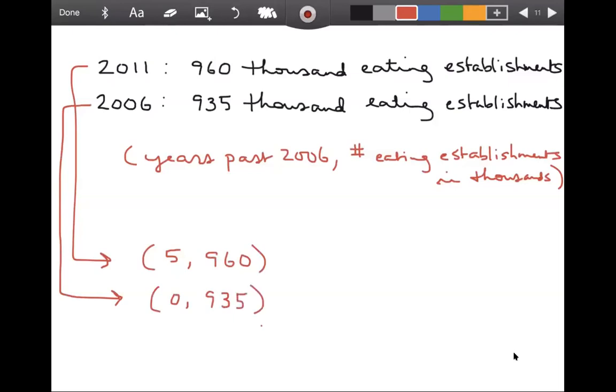So we have our 2 ordered pairs. Let's call this one x1, y1. We'll call this one x2, y2.